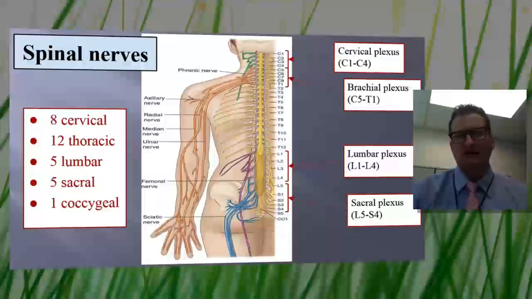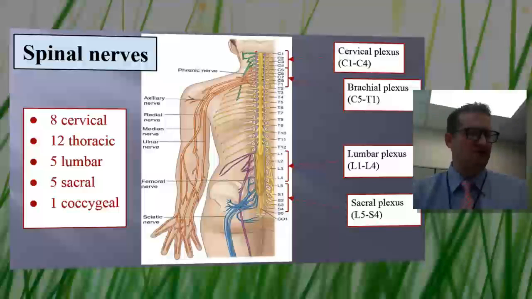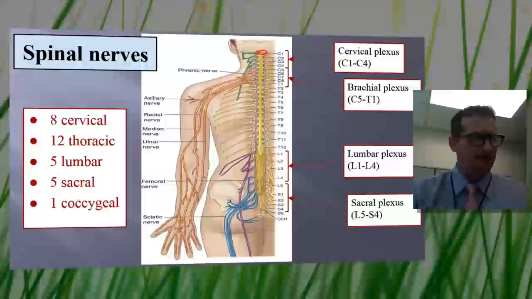So this is a diagram that shows the different areas that we talked about earlier of the spinal cord and the spinal nerves that radiate out from the spinal cord. The first cervical nerve exits the spinal cord between the skull and the axis up here. The other nerves pass through the holes in the vertebrae called the intervertebral foramina.